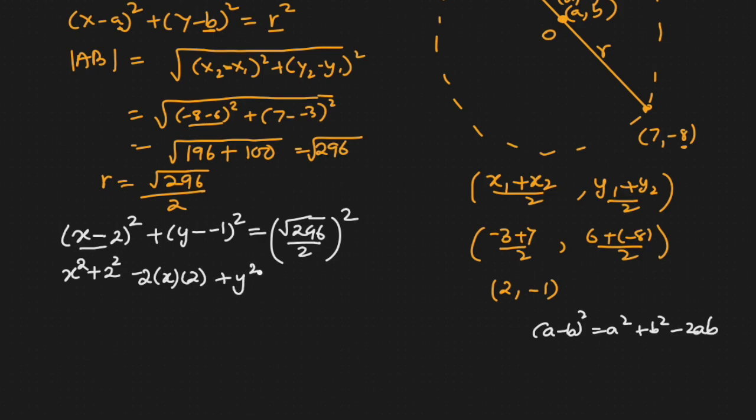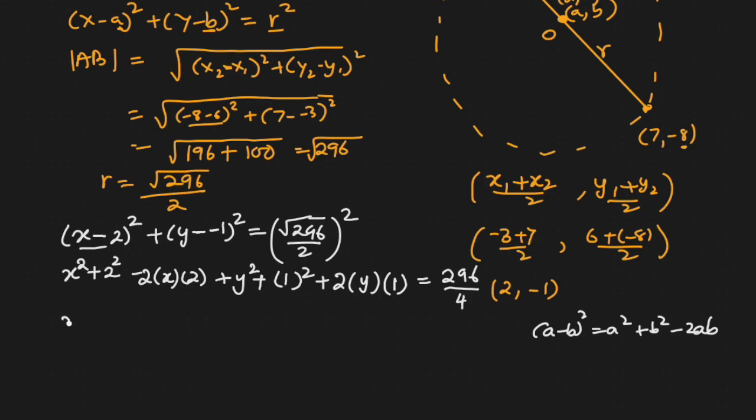Then y square plus 1 square, positive 1 square, because two negatives will make it positive 1, and plus 2 times a and b, plus in this case because it was plus, equal to, now this square and square root will cancel out for the numerator, but the denominator will get squared because it doesn't have a square root. So 2 square is 4.